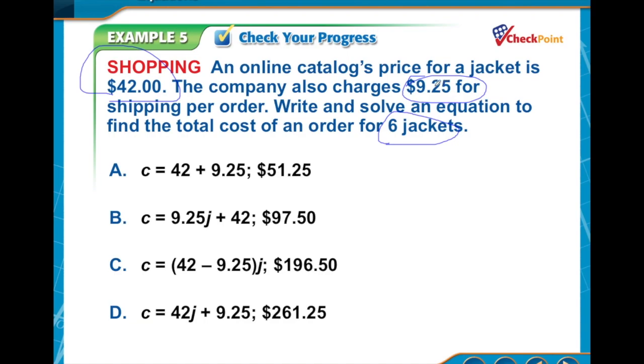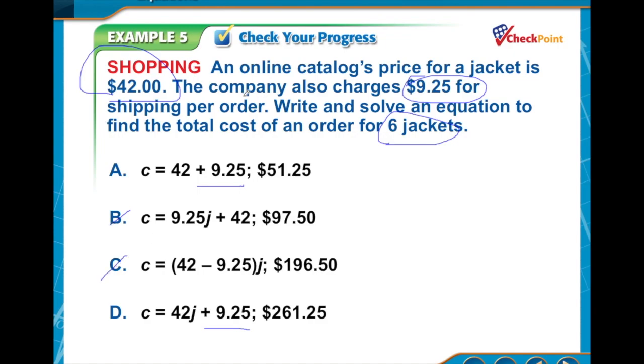This $9.25 fee will just be one added fee that's added to our whole total. So that should be a plus $9.25 by itself. And if we look at the options, A and D both have $9.25 by itself. That's a one-time fee we'll pay. So those two look okay, but these two don't have $9.25 by itself. So we know B and C have to be out.